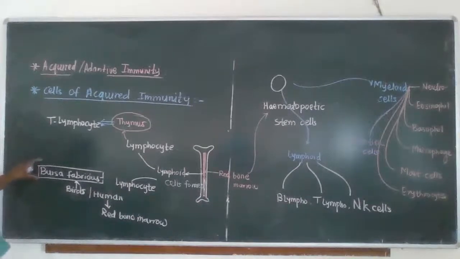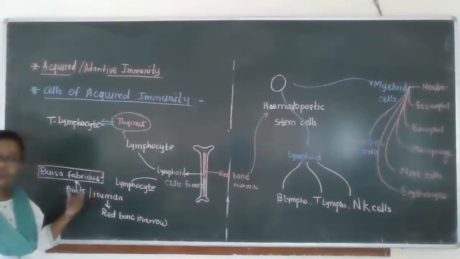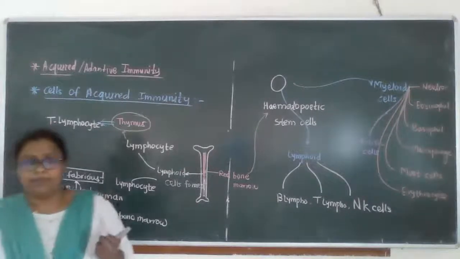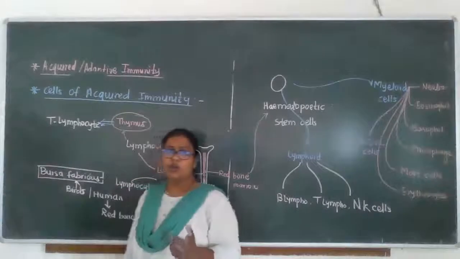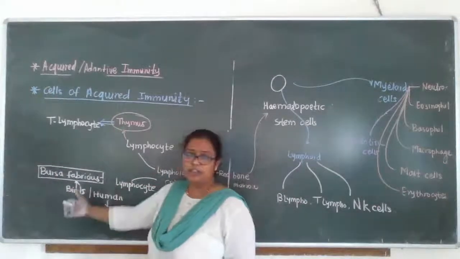The bursa of Fabricius is the part of the bird which is very close to the cloaca. The cloaca is just the end part of the alimentary canal of the bird.